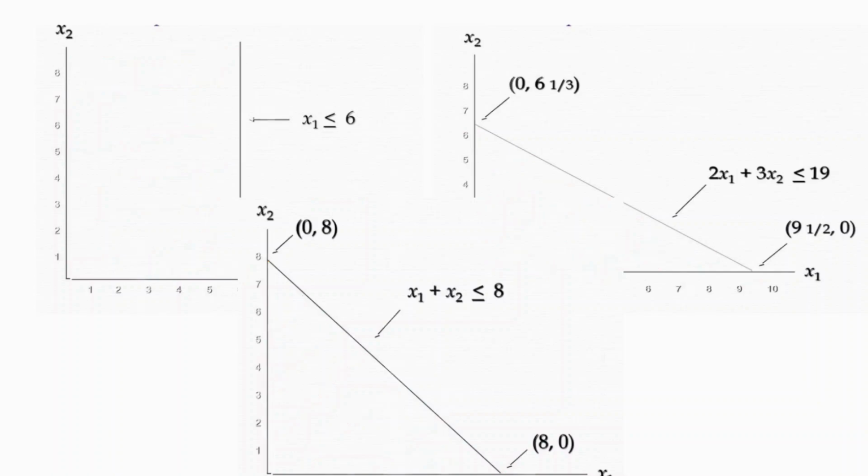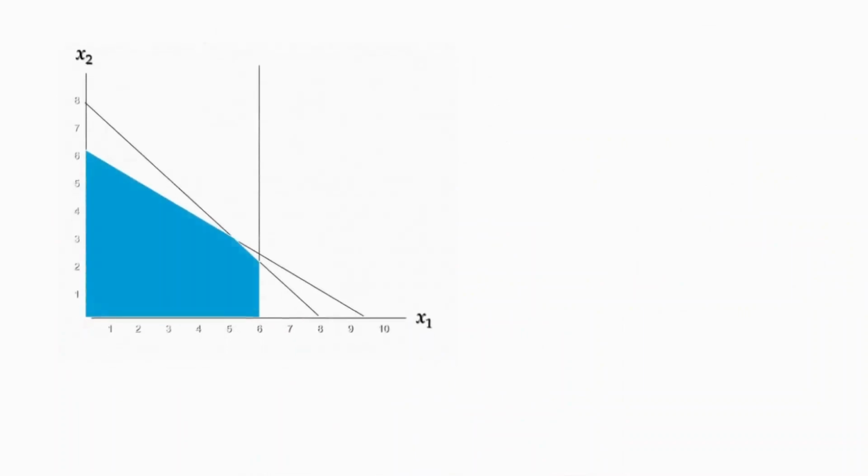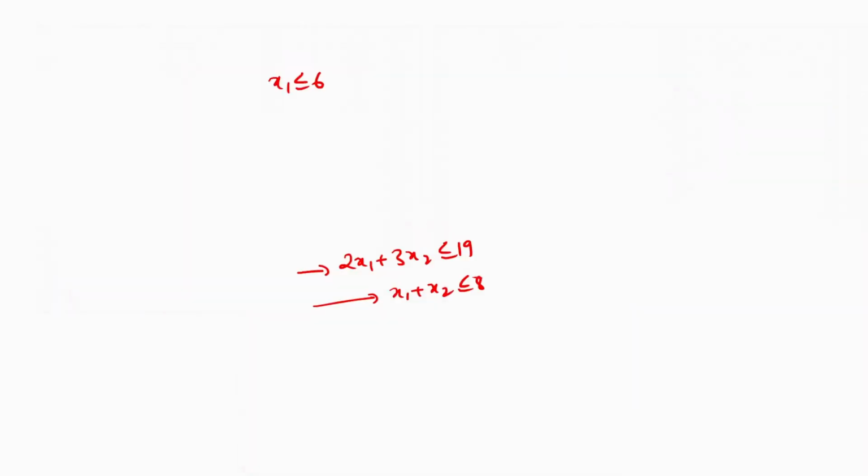So I'll be plotting in one graph only, and then I'll be marking the common shaded region for all the 3 lines. So what you can see, this is x1 less than equals to 6, this was x1 plus x2 less than equals to 8, and this was 2x1 plus 3x2 less than equals to 19, yeah.